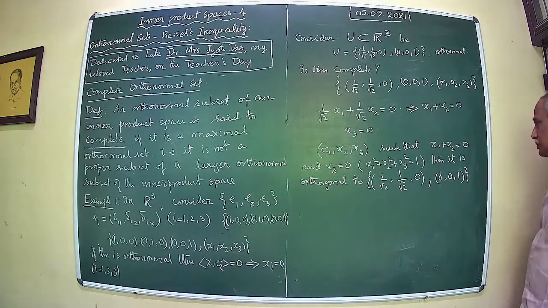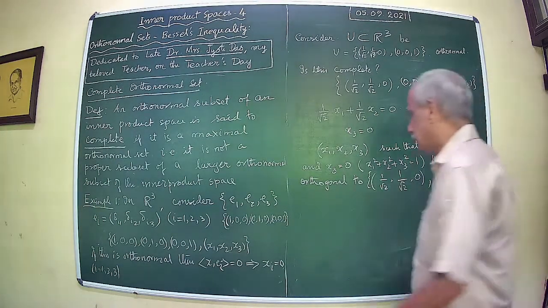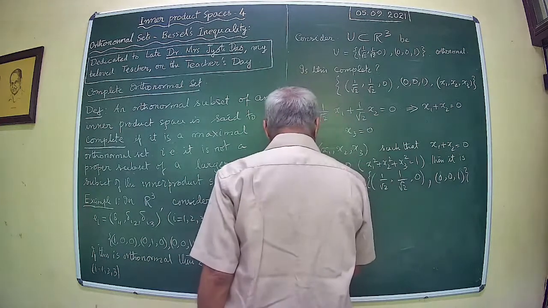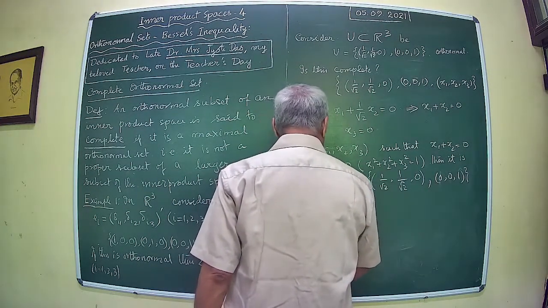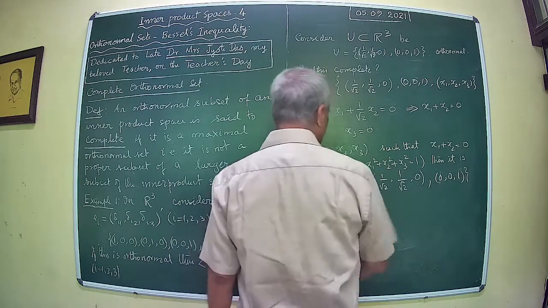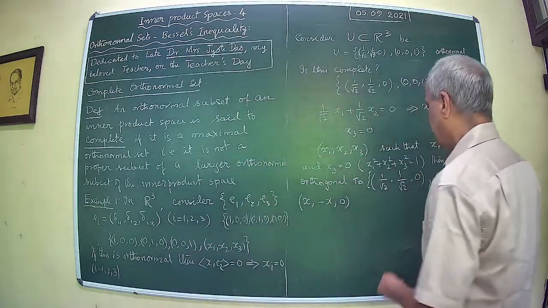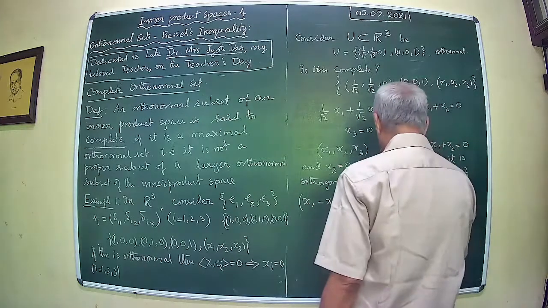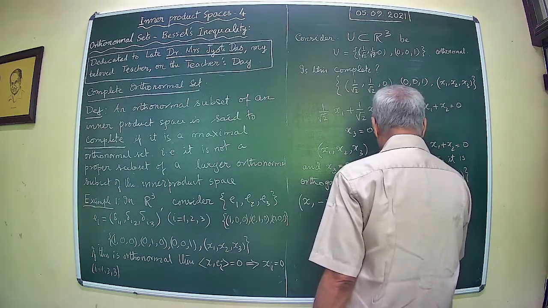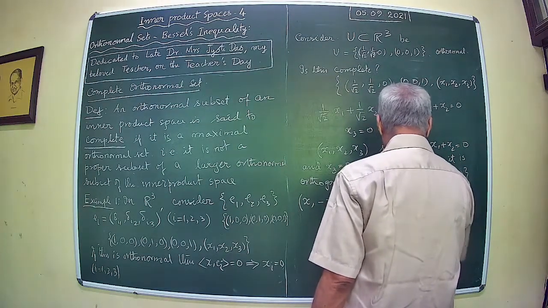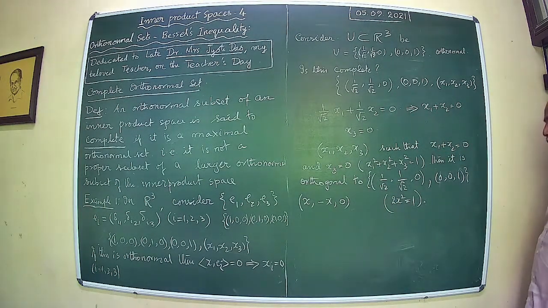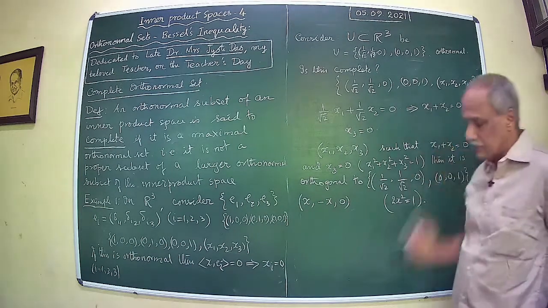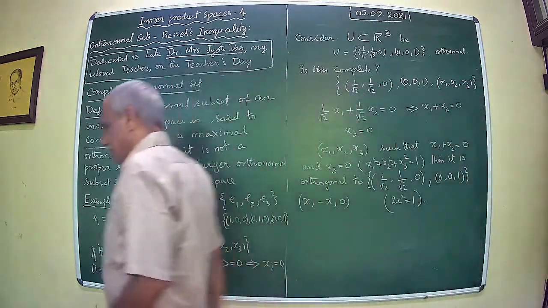You can choose x1 and x2. So all that you need is choose x, minus x, 0 with the property that 2x square equal to 1. There's plenty of choice for this. If you adjoin that to this set, then it becomes an orthonormal set.